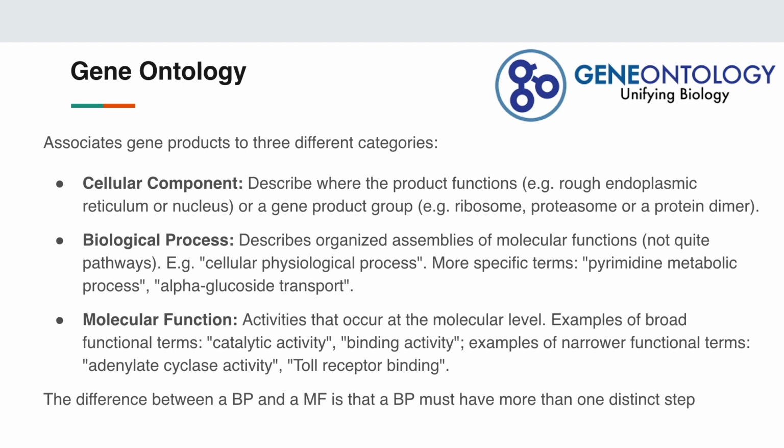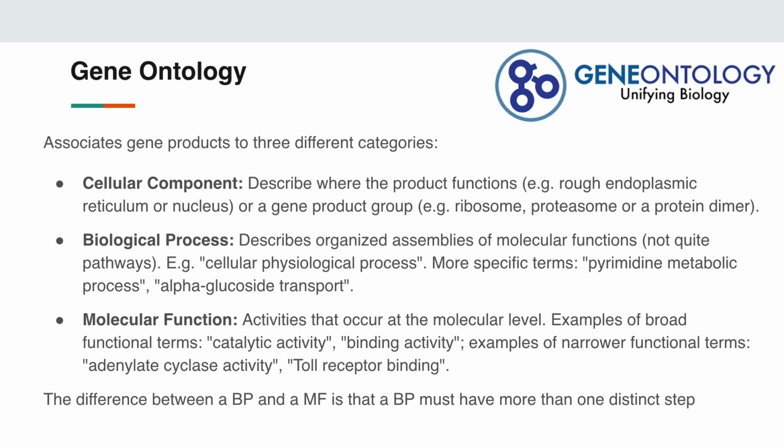So GO terms that include genes in this category describe, for example, where those products function. For example, in the nucleus or in a particular organelle. Or they describe associated genes that are components of a particular cellular machinery. For example, genes that are components of the ribosome or proteasome, or take part in the formation of any kind of protein dimer.